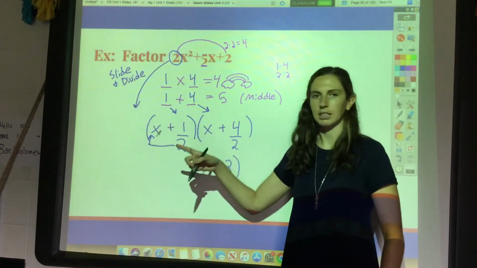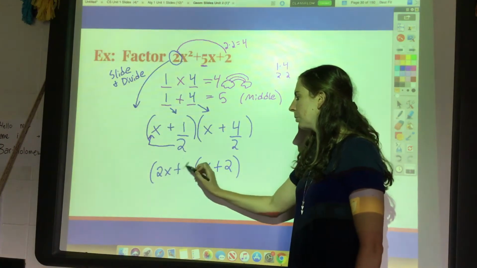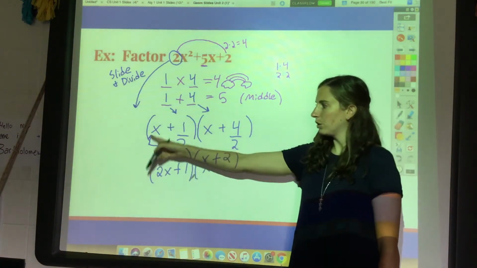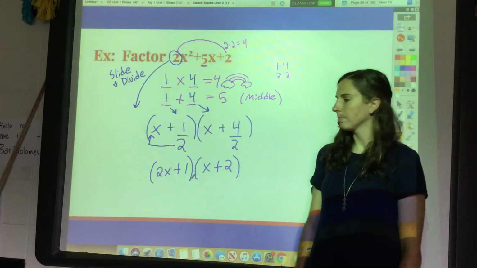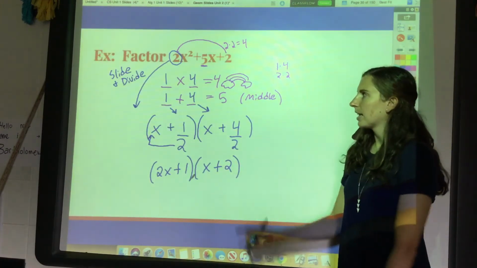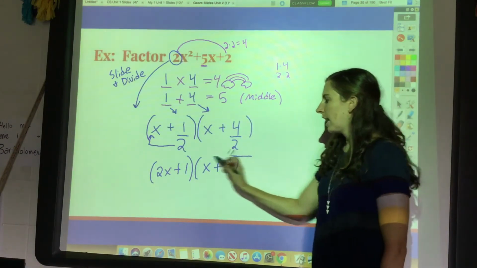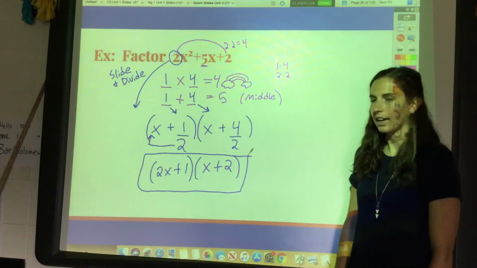Not outside the parentheses, but right in front of the x. And I'll get 2x plus 1. Now that is my final answer, because I did a little divide or slide with the leading coefficient, and those are the 2 factors that I got.